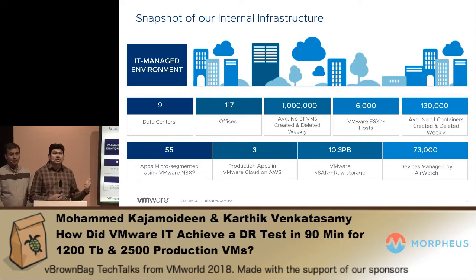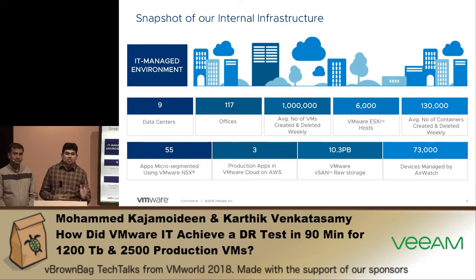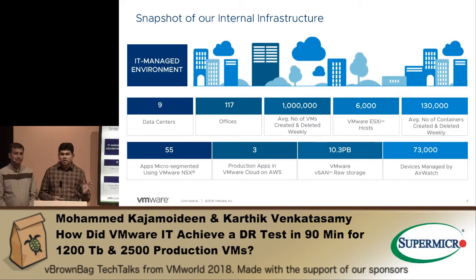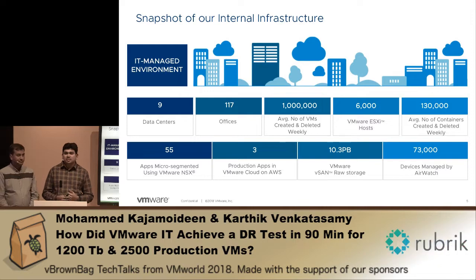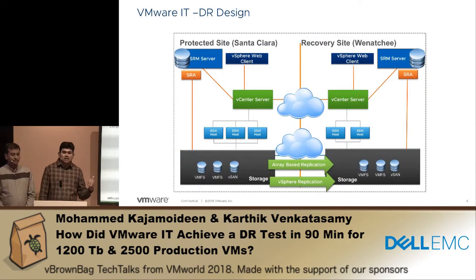We have around 55 production applications which are micro-segmented using VMware NSX, and also 3 production applications which are running in VMware Cloud on AWS, which includes VMworld.com, the web portal which you use to register for this event. On the vSAN space, we have around 10.3 petabytes of raw storage, and also 73,000 devices which are managed by AirWatch.